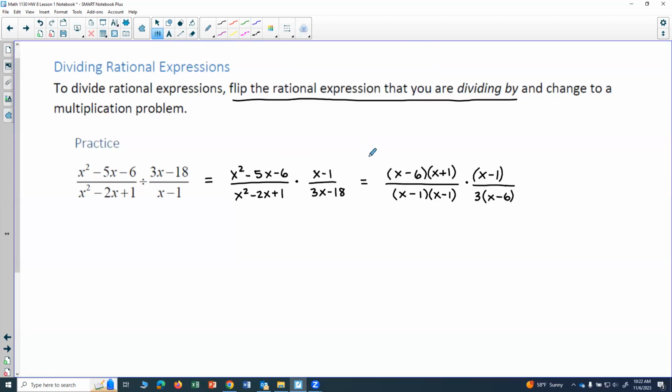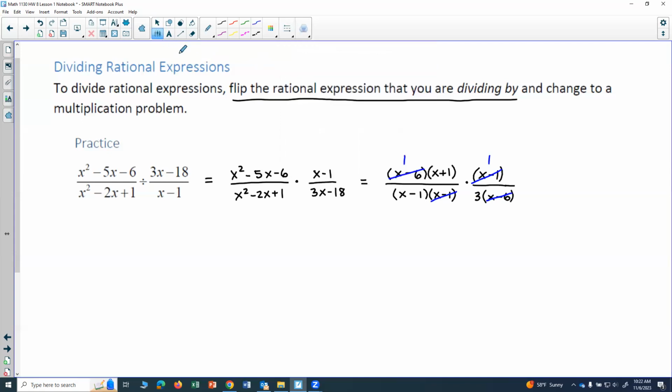All right, so now I get to cancel. So x minus 6 shows up in the numerator and in the denominator, so those cancel and leave me with a 1. X minus 1 shows up in the numerator and in the denominator, but it only cancels one of the factors in the denominator.